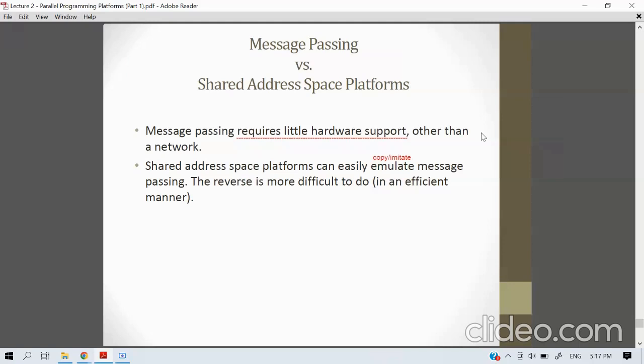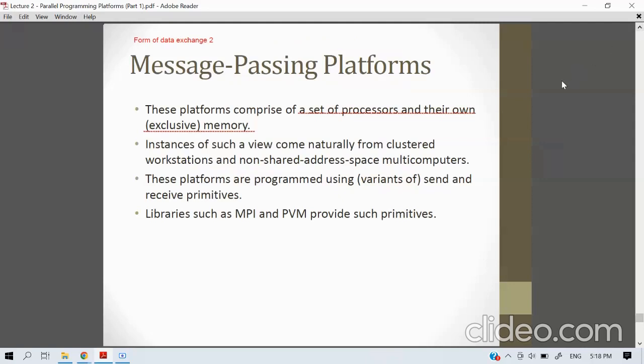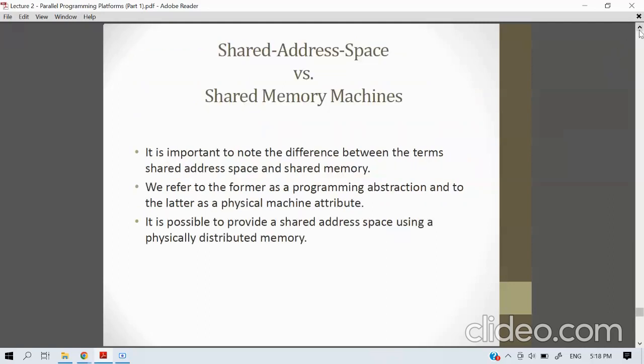So let's recap a few things we have discussed in this video. First of all, we learned different kinds of platforms to exchange data, or the communication model. There are UMA and NUMA, shared address space, shared memory machines, SIMD, MIMD.